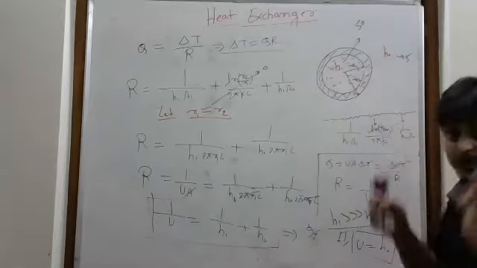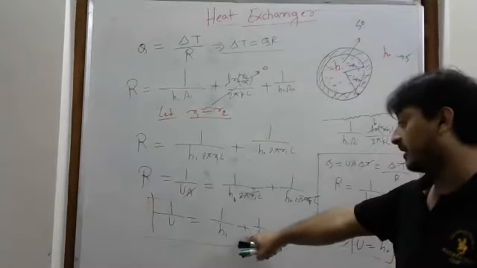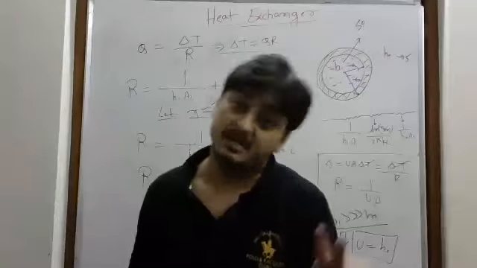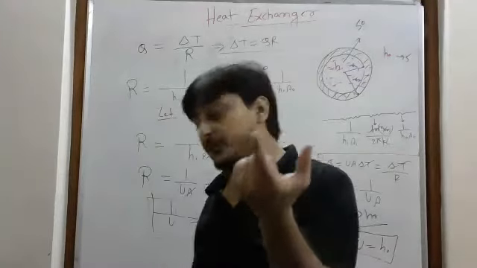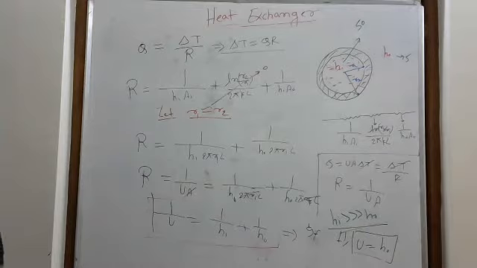The one which is less will decide the overall heat transfer coefficient. From that you can see, if outer is more and inner is less, the less one decides. You write up to that, then I will give the sentence.